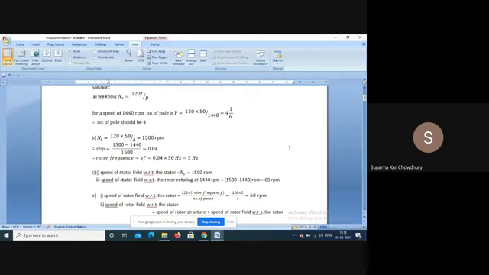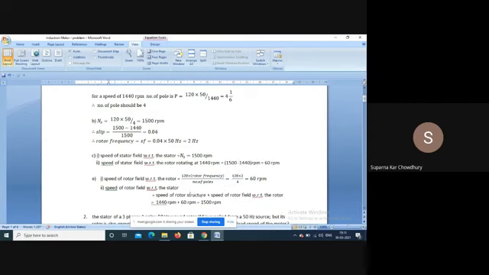Speed of the rotor field with respect to the stator. Now the rotor field is rotating with respect to the rotor at 60 RPM, and the rotor is rotating at a speed equal to 1440 RPM. So the speed of the rotor field with respect to the stator will be speed of the rotor structure plus speed of the rotor field with respect to the rotor structure.